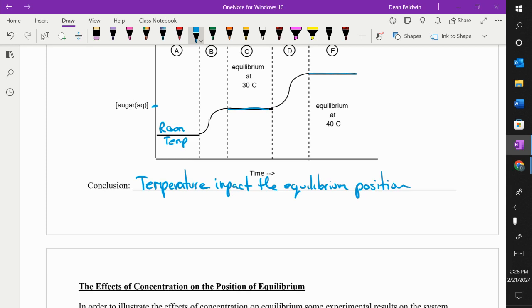Which way it goes is going to depend on if it's an exothermic or endothermic reaction. So temperature will affect the position of your equilibrium, whether it's to the right or to the left.